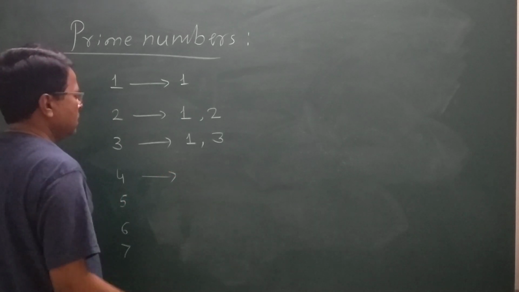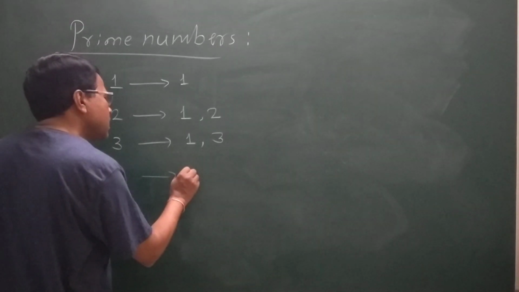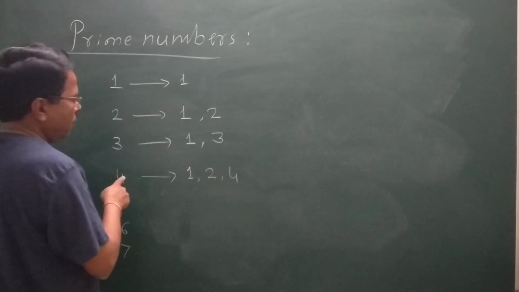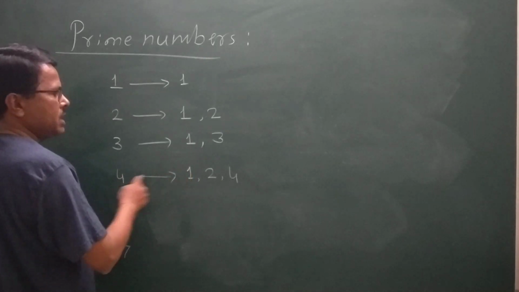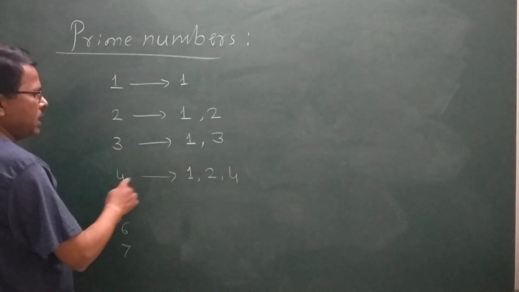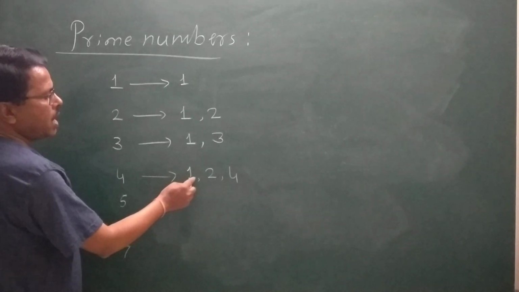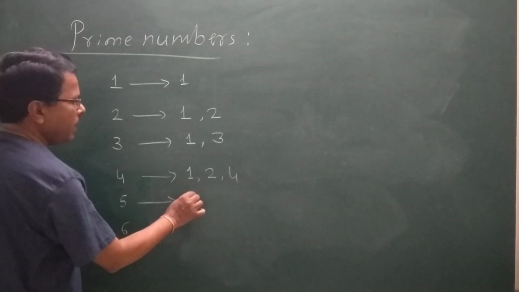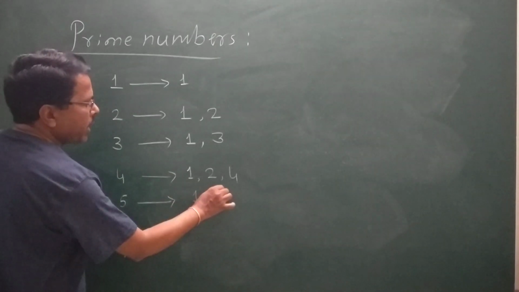4 has factors 1, 2, 4. 4 is divisible by 1, 4 is divisible by 2, 4 is divisible by 4. It has 3 factors. 5 is divisible by 1 and 5.